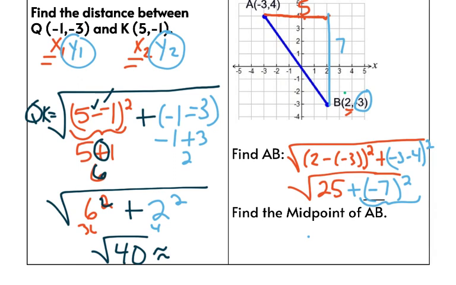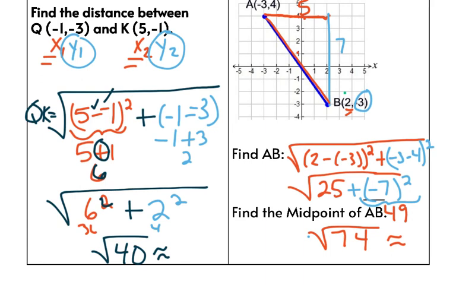No negatives under that root once we're all done. So I end up with a 25 right here plus a 49, which gives me the square root of 74, and I would go round that accordingly on my calculator. That would be how long this is from here to here.